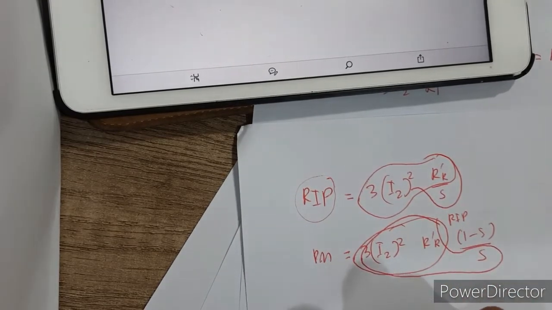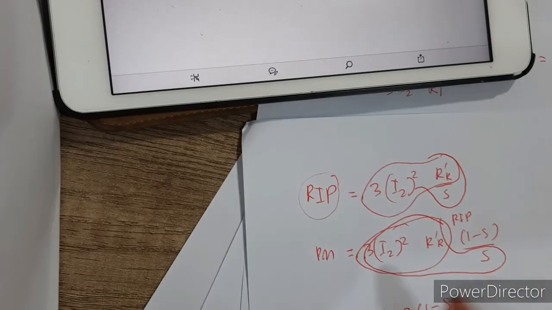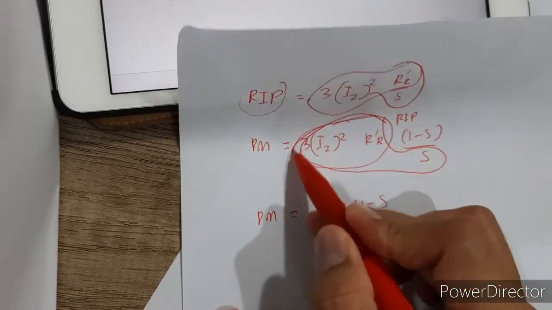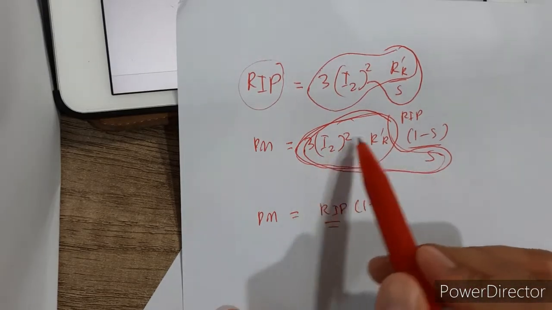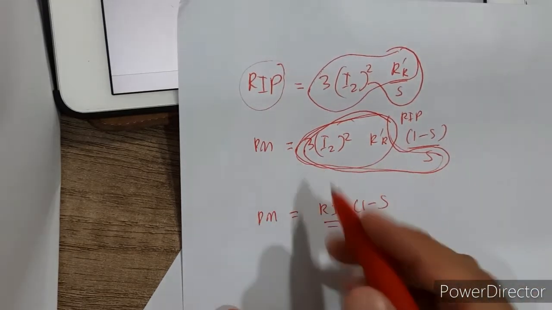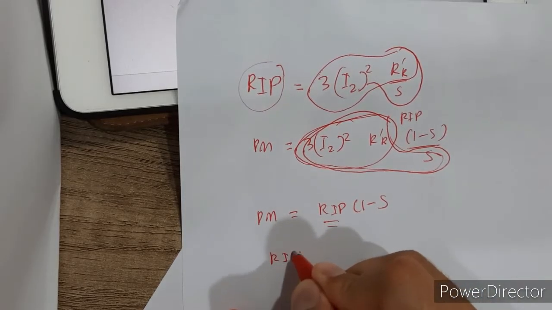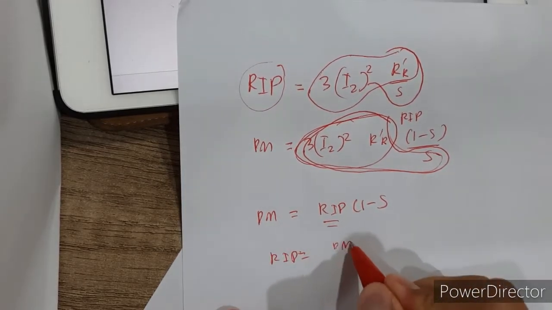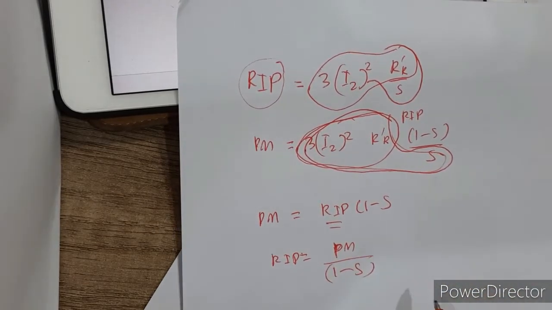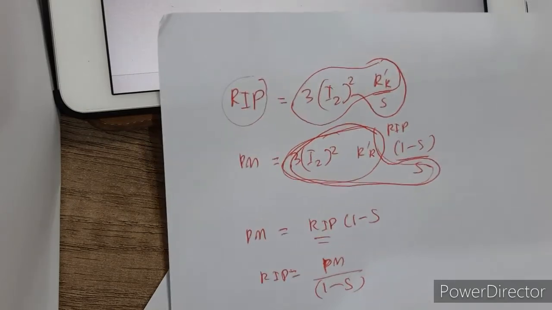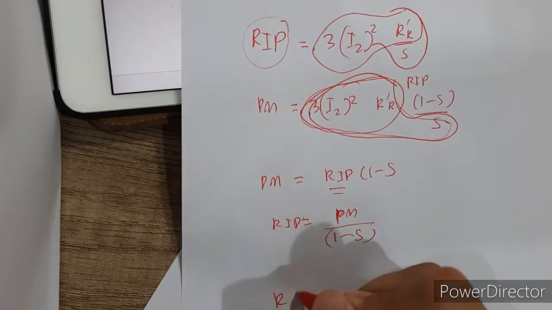So PM is equal to RIP multiplied by 1 minus S. In terms of RIP, this is RIP, this is RIP. Because R prime R over S multiplied by this one is RIP, and then RIP is equal to PM over 1 minus S.